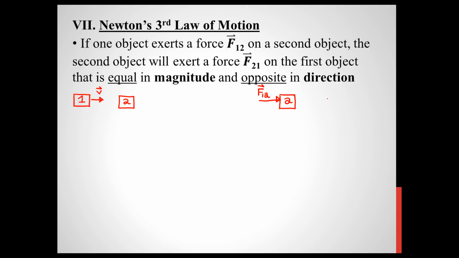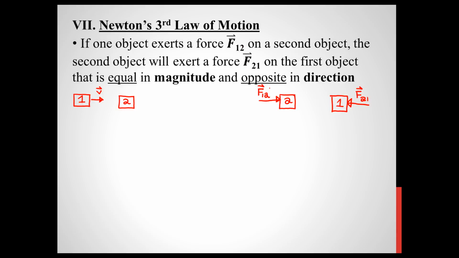What Newton's third law of motion tells me is that when object 1 exerts a force on object 2, well, if I draw object 1 then, object 2 would then exert an equal and opposite force back on 1. So we'll call that F21. F21 would just mean the force that 2 exerts back on 1.